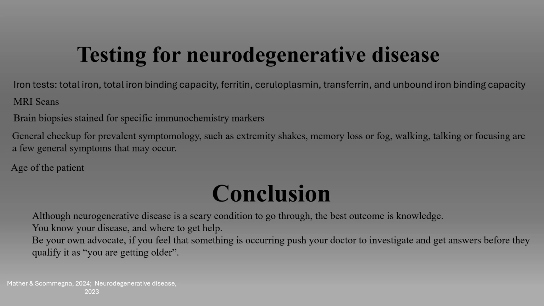So, in conclusion, although neurodegenerative disease is a scary condition to go through, the best outcome is knowledge. You know your disease and where to get help. Be your own advocate. If you feel that something is occurring, push your doctor to investigate and get answers before they qualify it as you are getting older.